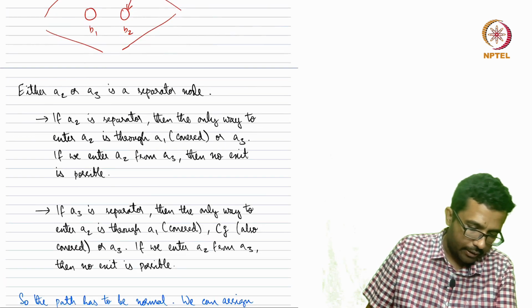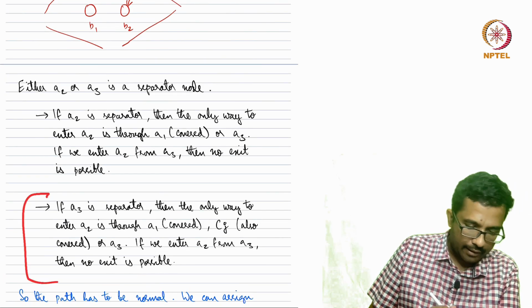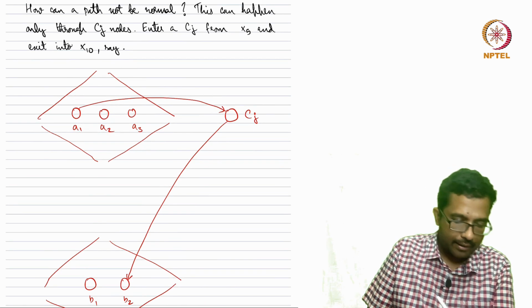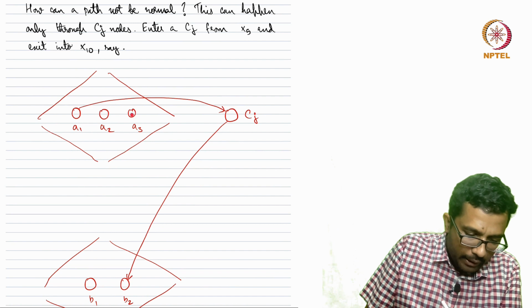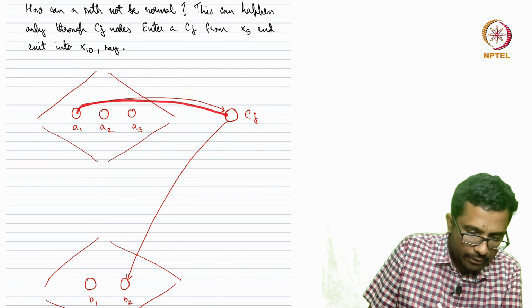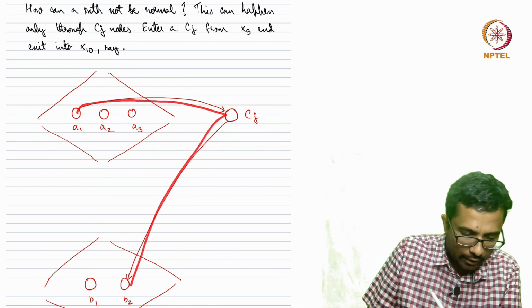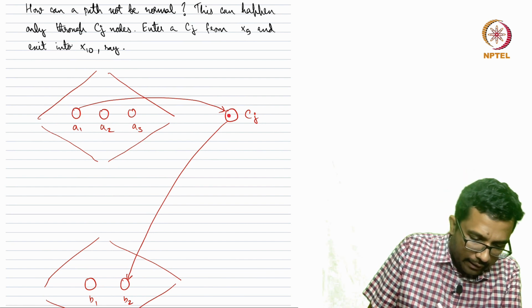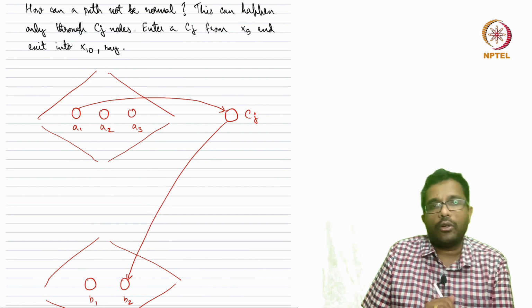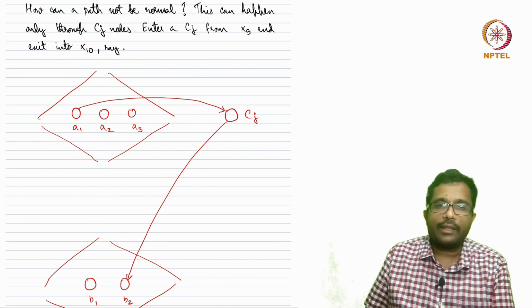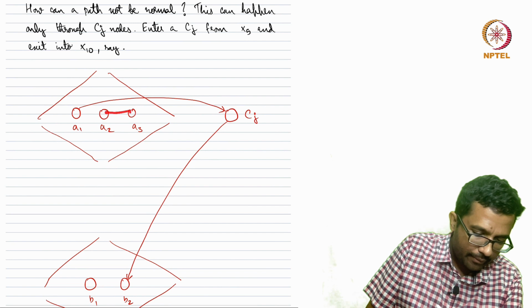I am actually discussing the second case. If this is the box, A3 is a buffer vertex or separator vertex. We can re-enter A2 from A1, but A1 we have already covered. We somehow reached A1, then went to Cj and then went to B2. Now we cannot re-enter A2 through A1, and we cannot re-enter A2 through Cj because Cj is also already covered. The only other vertex adjacent to A2 is A3.